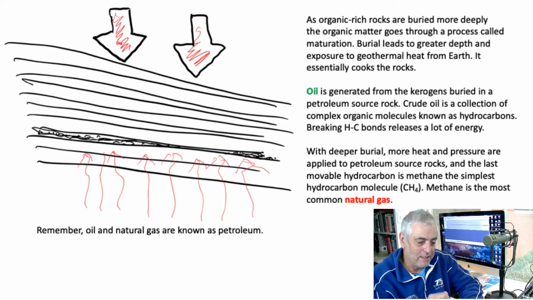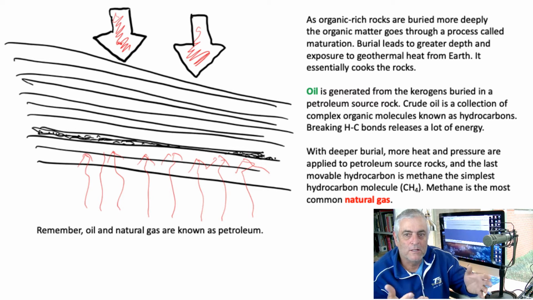So that is the thing that happens in the subsurface as you cause it to go through this process we call maturation. So with deeper burial, you're cooking it. You cook the oil first, because those are the complex kerogens and the complex molecules that may be very lengthy chains.